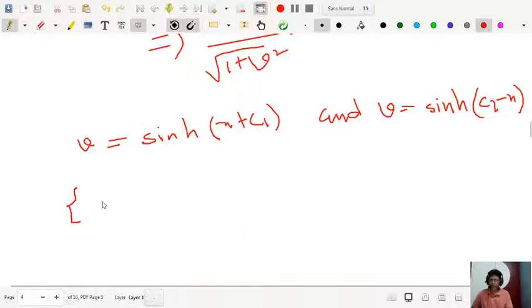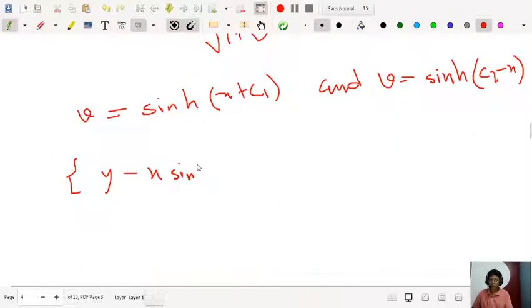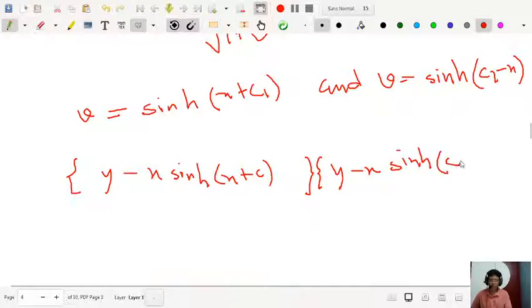The combined general solution is given by v, which is your y by x, minus sine hyperbolic (x plus c), where I am just changing the c1 c2 to a c, only one arbitrary constant, because it is a first order, and this equal to 0. So this is the complete primitive, and c is an arbitrary constant.